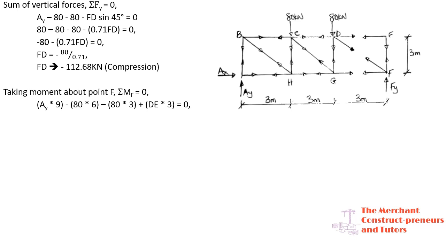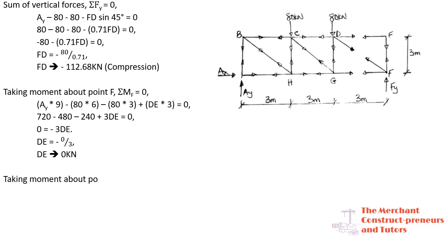Then you have DE multiplied by 3. So when you do your computation and substitution, you have DE as 0 kilonewton. So we'll move over to the next point.